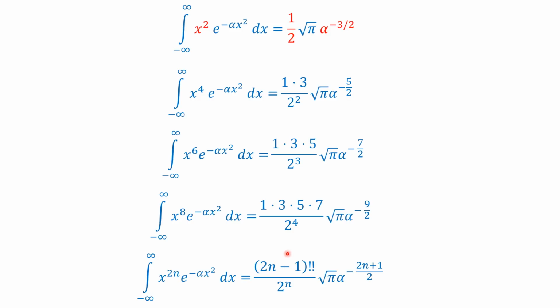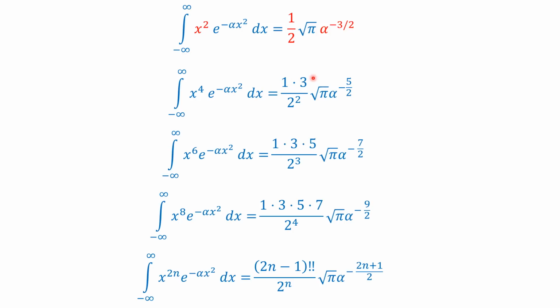Say if you apply this for n equal to 1, then numerator is 1 factorial, denominator is 2 power 1. Because in 2n, n is 1, so this will become 2. You check for x power 4. Here 2n, n is equal to 2, so naturally 2 power n, 2 square, and 3 double factorial.